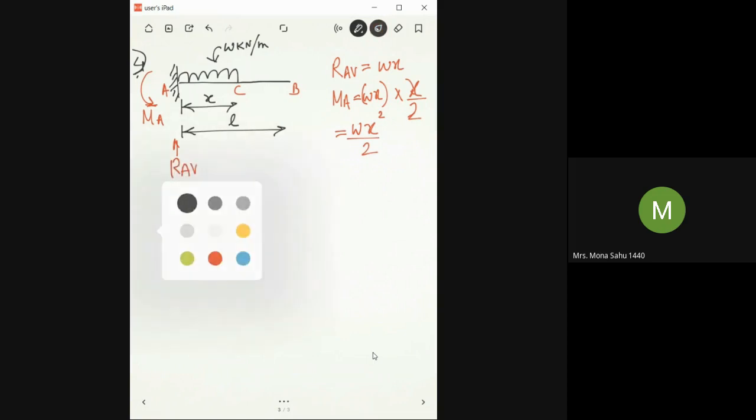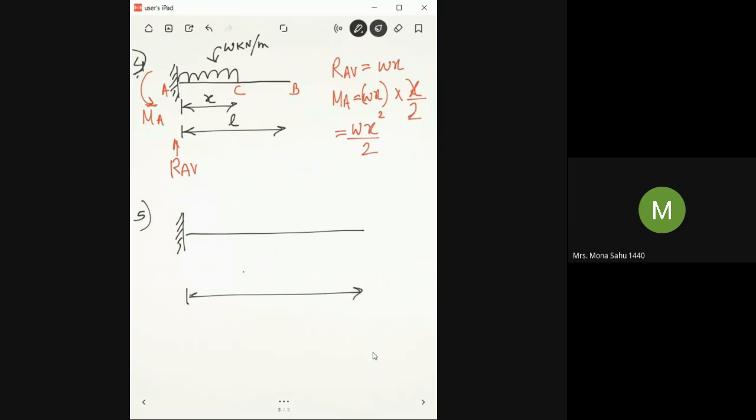Okay, so the last case for today, and this is the most important one where people generally make mistakes. So pay attention. Okay, have a length L and a UDL on the end side.